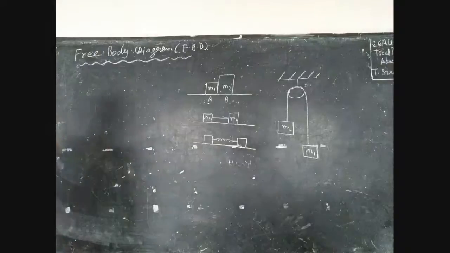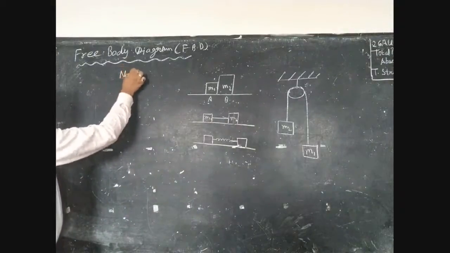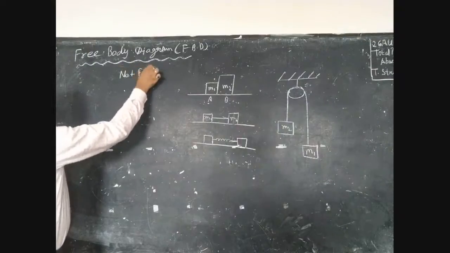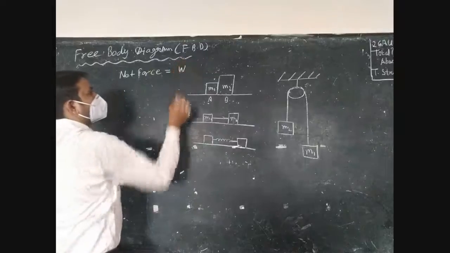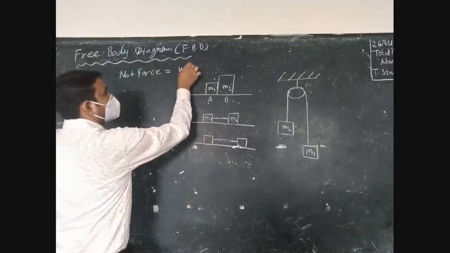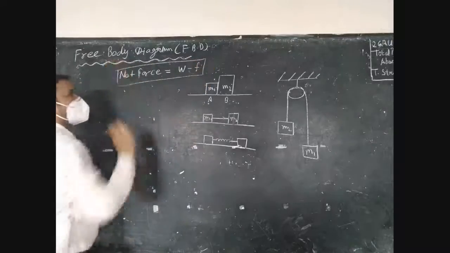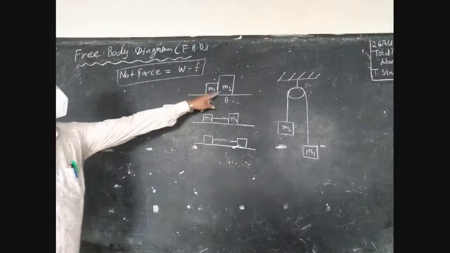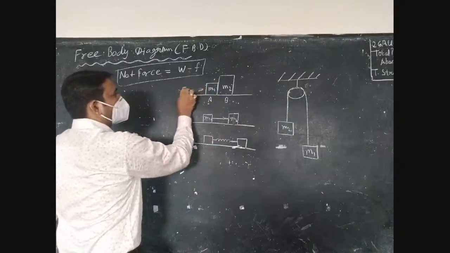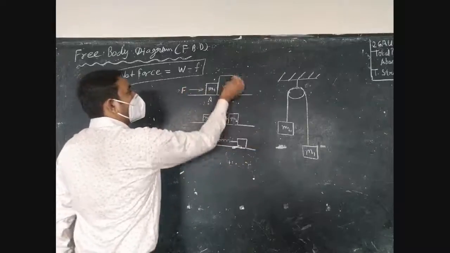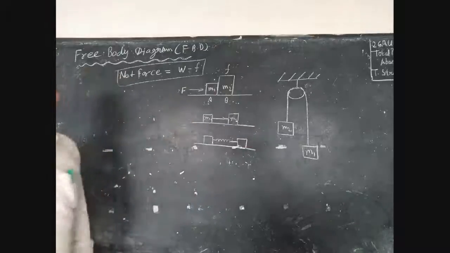As we learned in the previous class, the net force is always equal to the weight of the body and the other things acting on it. In this case, let's say the applied force is from the left side towards the right, and the body m2 opposes it by a force F.